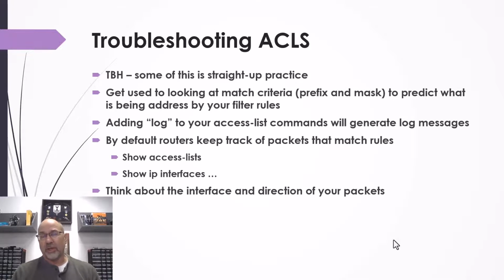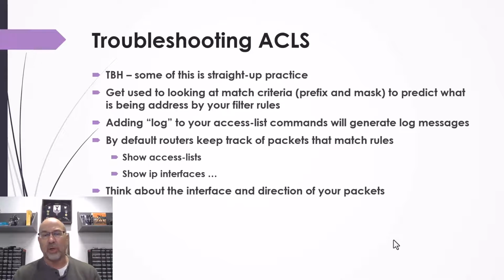Now, let's say you get yourself into trouble. What can you do to troubleshoot your ACLs? A lot of it is just straight up practice, getting used to looking at it and thinking about traffic flow. Think about your match criteria. What were you trying to do? Are we talking about source IP addresses, combinations of fields? Predict what your access list rule is going to do.